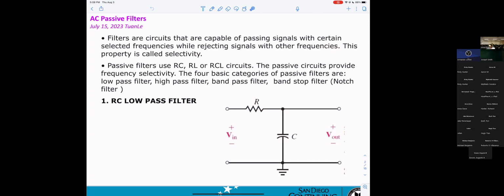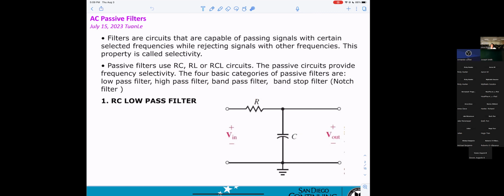Passive filter uses RC or RCL circuit. The passive circuit provides frequency selectivity. The four basic categories of passive filter are low pass filter, high pass filter, band pass filter, okay, and band stop filter.